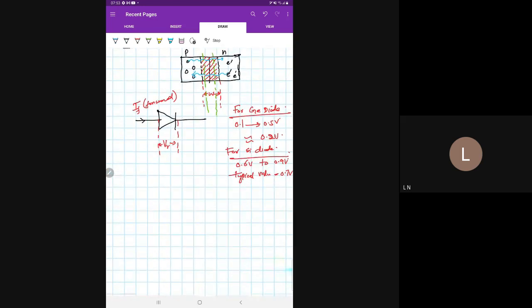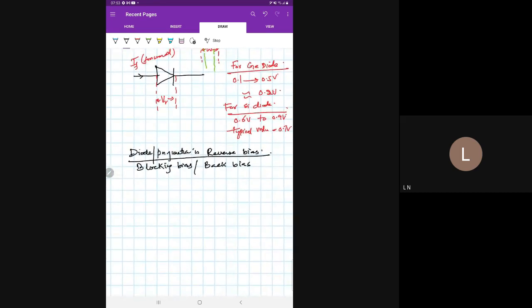Okay. Now, another condition, diode or PN junction in reverse bias, or sometimes we say blocking bias on a PN junction. Sometimes we say back biasing on a PN junction.